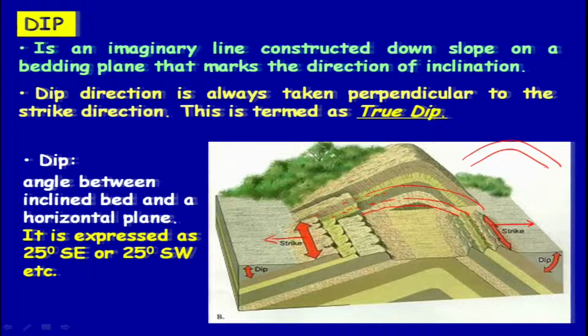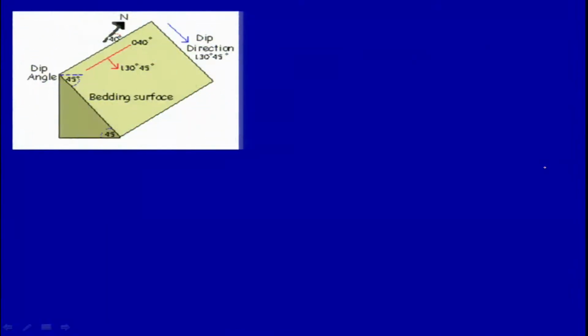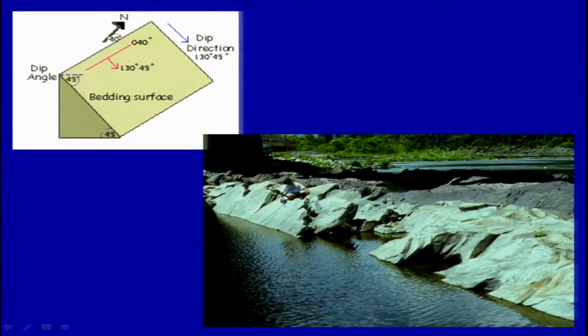One is the true dip and the apparent dip part, and if you have beds dipping in different directions, you can identify what sort of deformational feature it will be. Suppose you have an inclined plane and a strike, which can be easily measured.